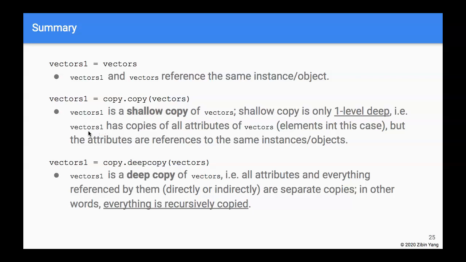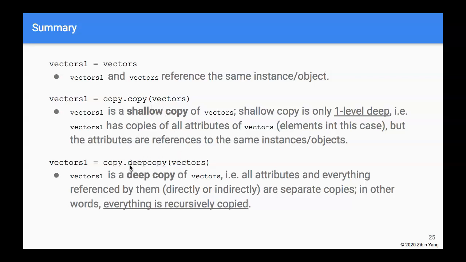The copy has copies of all the attributes of vectors. The attributes of vectors in this case are the elements, because vectors is a list. But each of these attributes or elements are references to the same instances in the original object, or in this case, list.